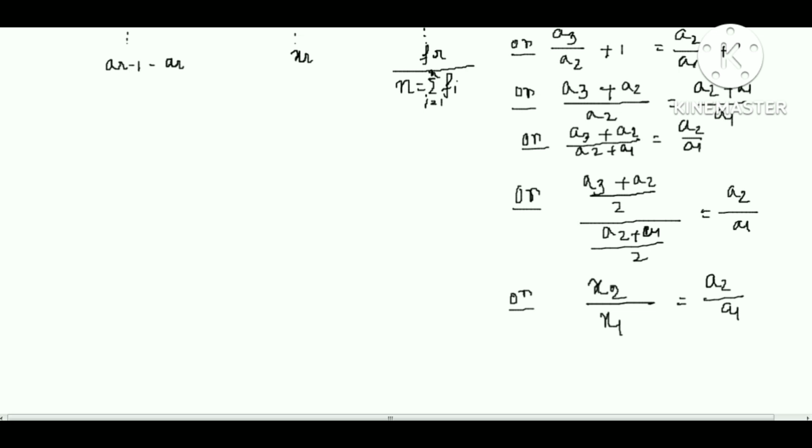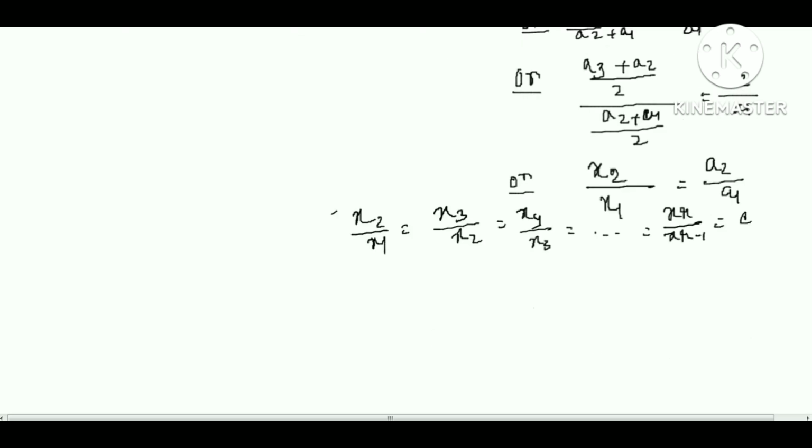Again we can write this as x2 divided by x1 equals x3 divided by x2 equals x4 divided by x3 equals and so on up to x_r divided by x_(r-1) equals the constant C. So from this we can write x_i equals x_(i-1) into the constant term C.